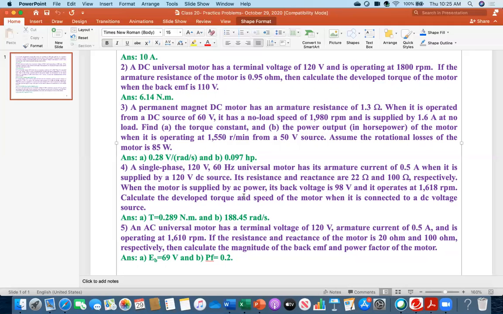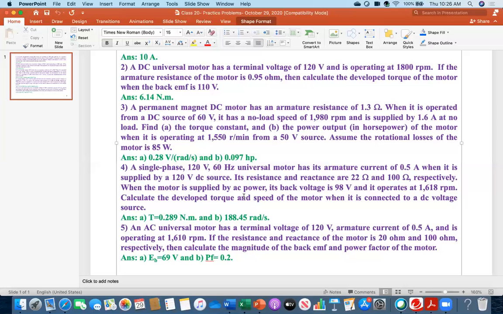So see all the required equations. I think last class we did very similar problems, but in last class I asked for the torque and speed in the case of the AC voltage. Today I am asking in the case of DC. So look at the similar problems. We have the current going into it as 0.5 amps.